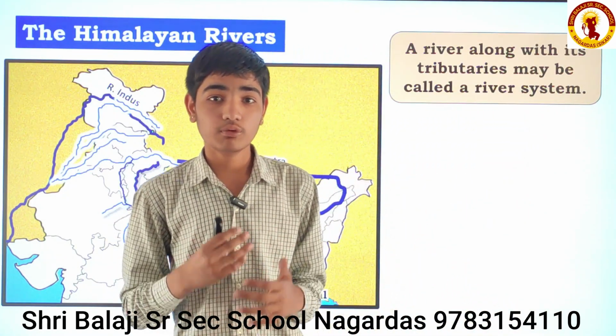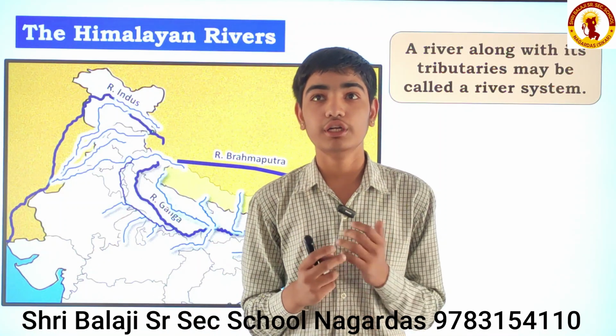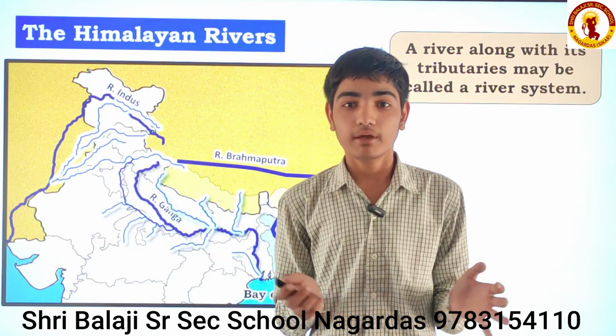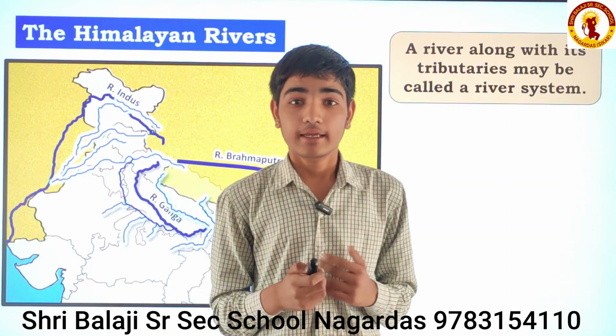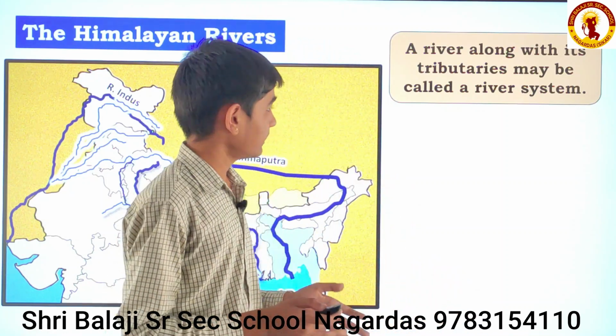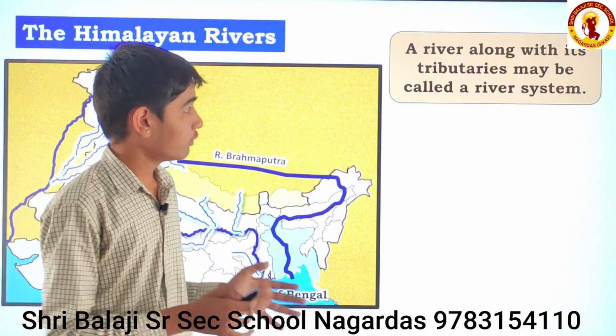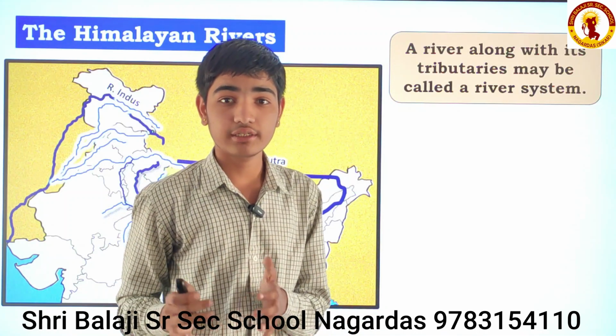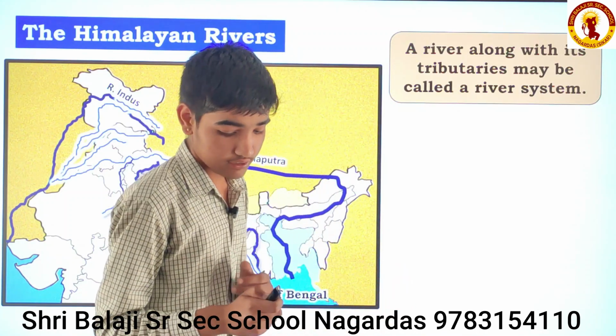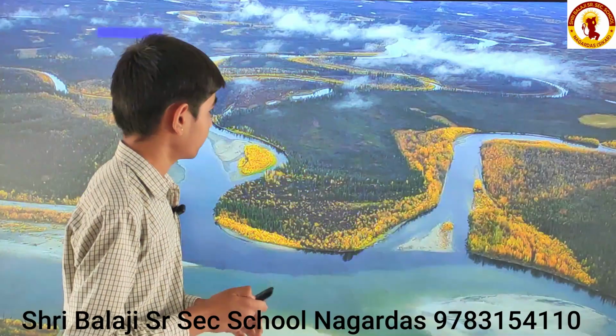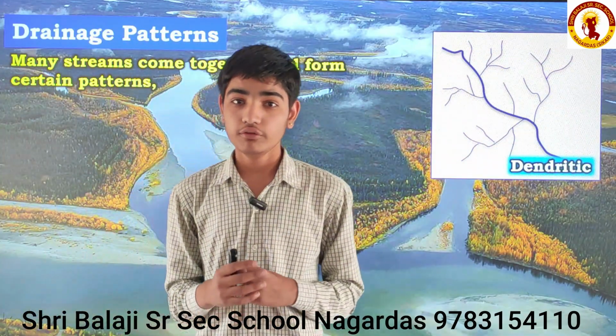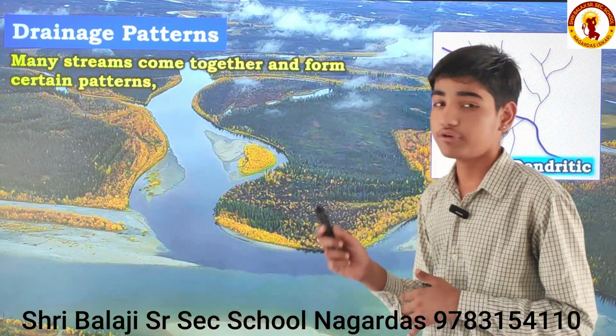As we all know, a group of persons or various things performing several functions together is called a system. Thus it is so in a drainage system. A group of rivers along with their tributaries and distributaries is known as a river system. Thank you. Now in the next section we are going to discuss drainage patterns.